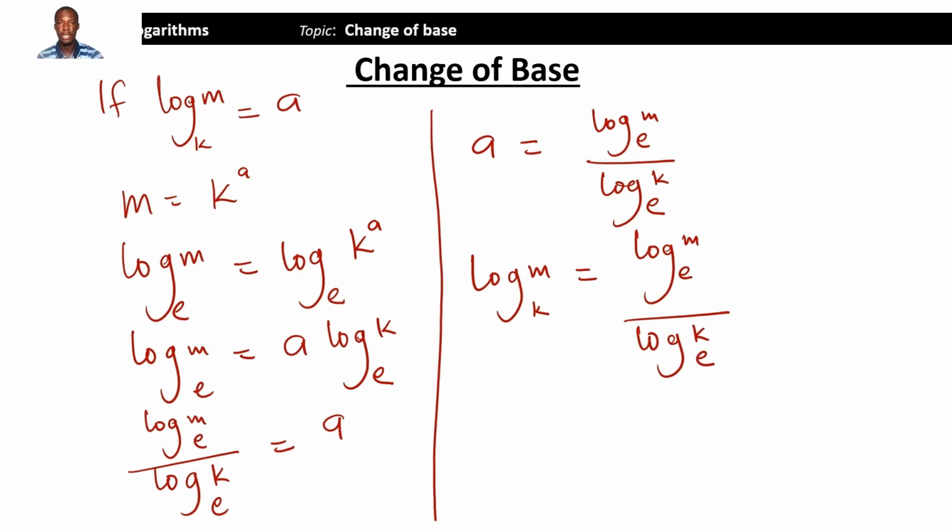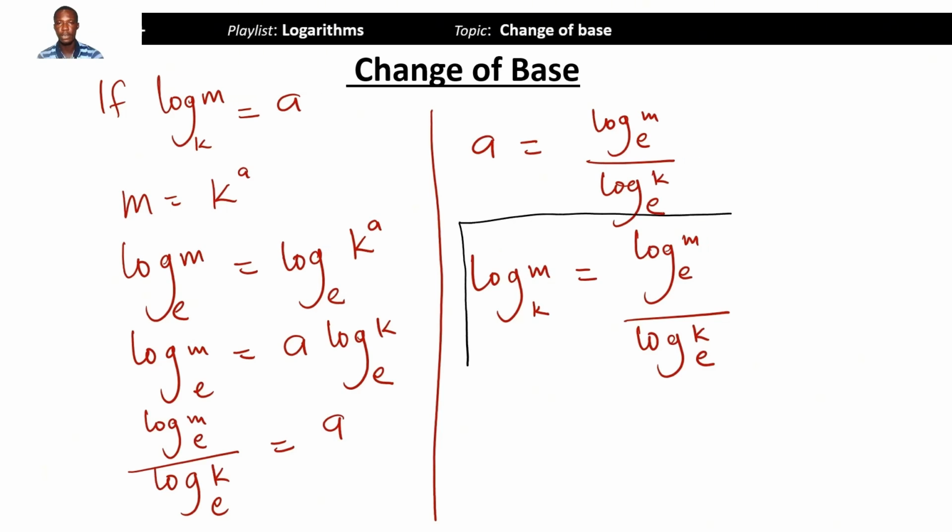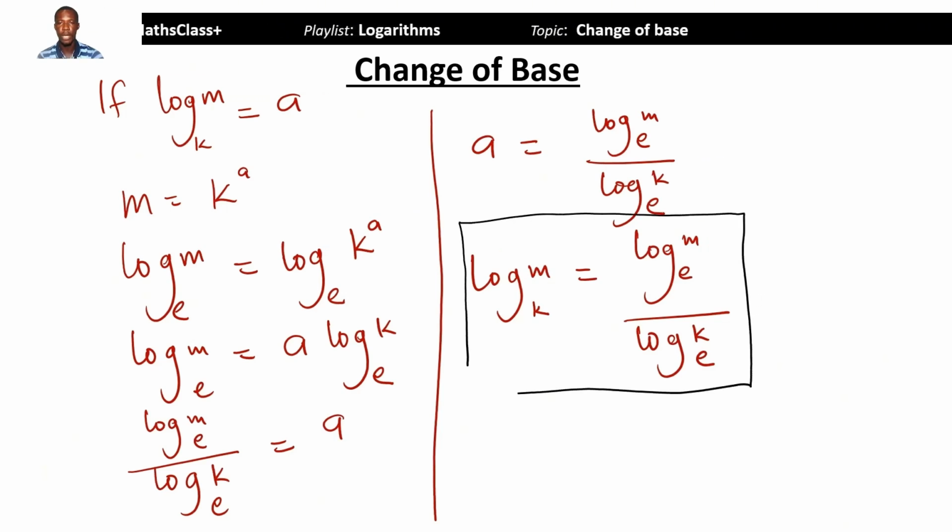Now let's observe carefully the expression we have obtained. If you observe carefully, you realize that we have split originally the number m to the base k of a log. So log of m to the base k. What we have done is we have taken log of m, and then we have also taken log of k.